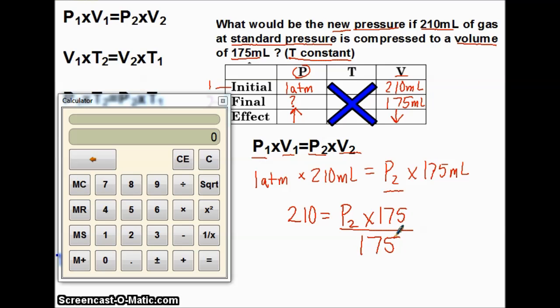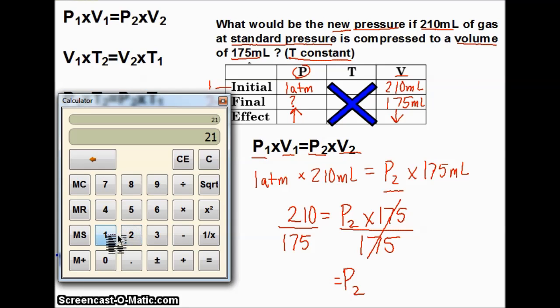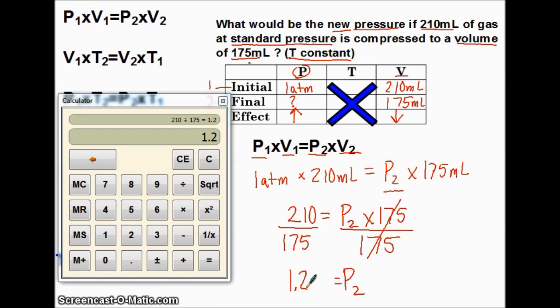So I divide this side by 175. I'm going to divide this side by 175. When I do that, these cancel, become 1. So now I'm left with this P2, which is what I want to know. And that's going to equal our 210 divided by 175 equals 1.2. Remember what unit we're in, right here, atmosphere. It's ATM.